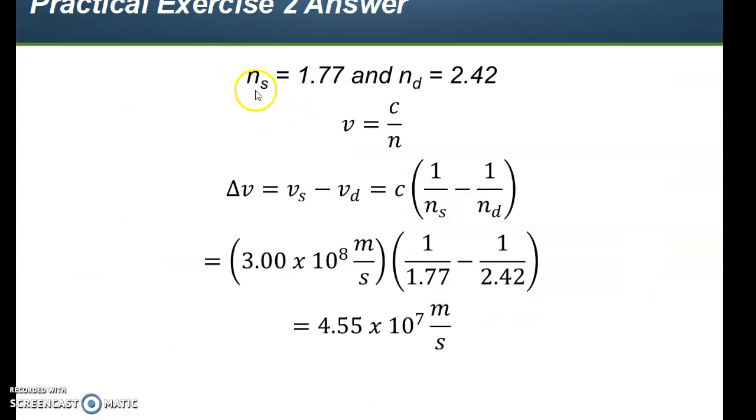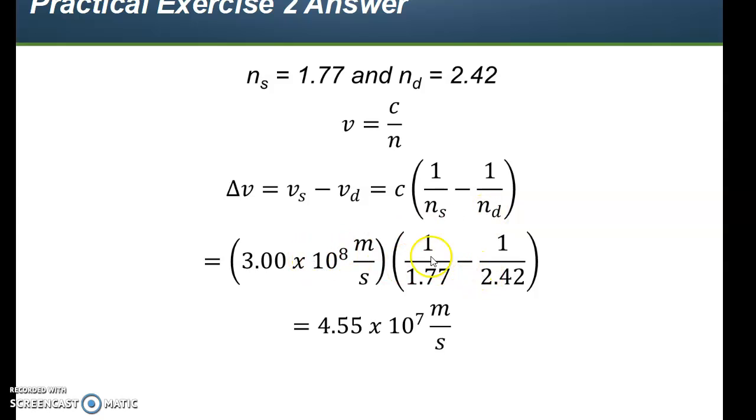So the index of refraction for a sapphire is 1.77. For a diamond, it's 2.42. And the speed is the speed of light divided by the index of refraction. And so the change in the velocity between the two is the velocity of the sapphire minus the velocity of the diamond, which means it would be C times 1 over the index of refraction for the sapphire minus 1 over the index of refraction for the diamond.